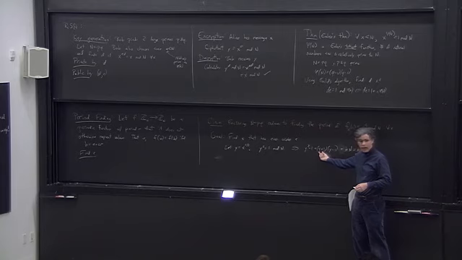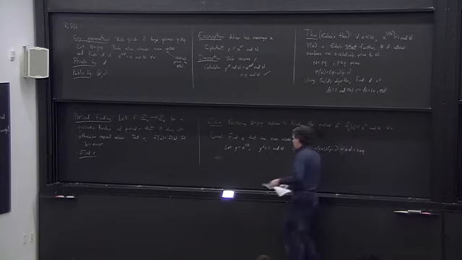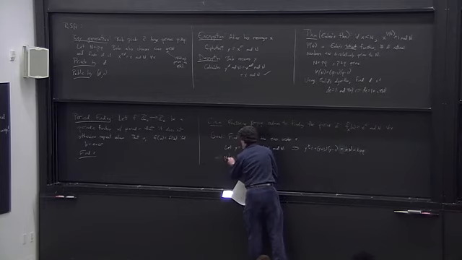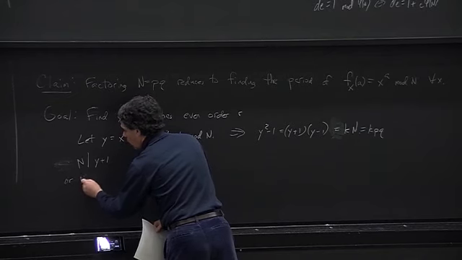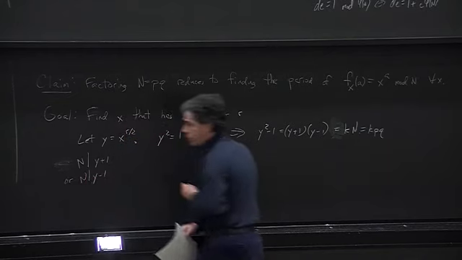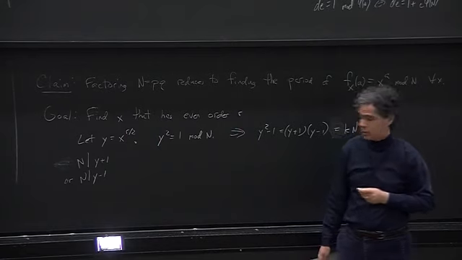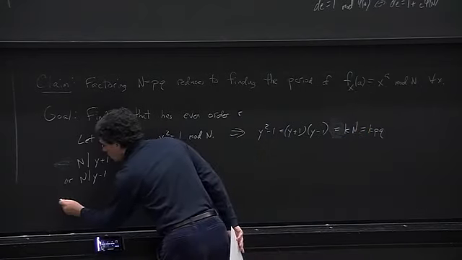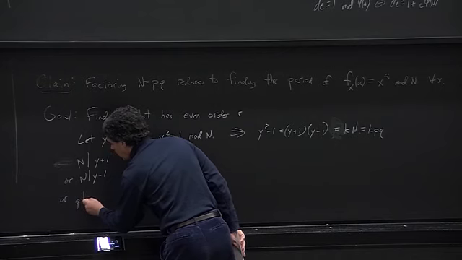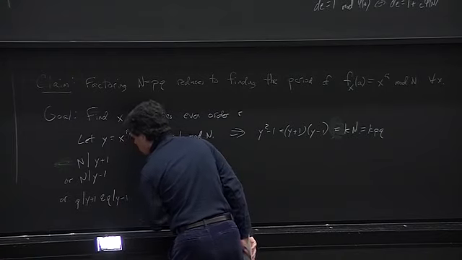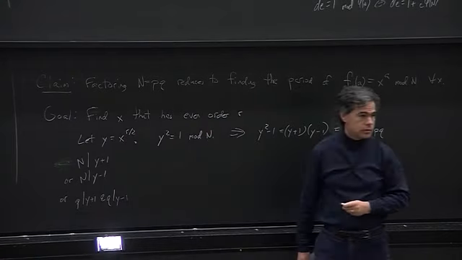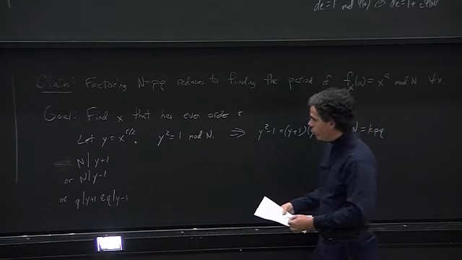They could both be factors of y plus 1, in which case n divides y plus 1. That's one possibility. Or they could both be factors of y minus 1. Or it could be that p divides y plus 1 and q divides y minus 1. Okay? So let's go through the three possibilities.